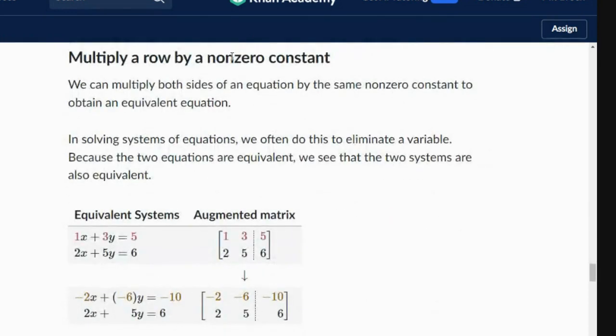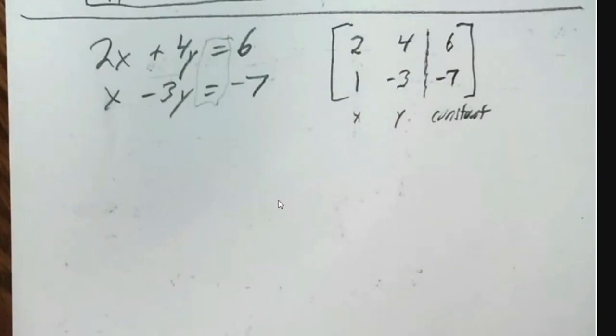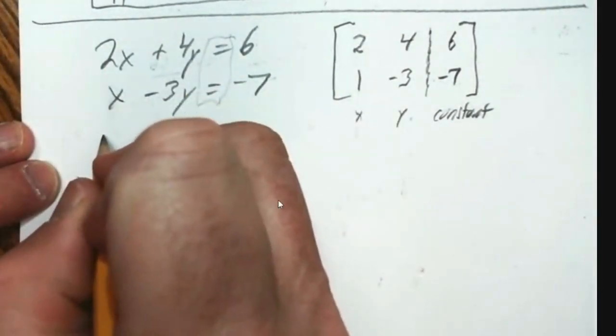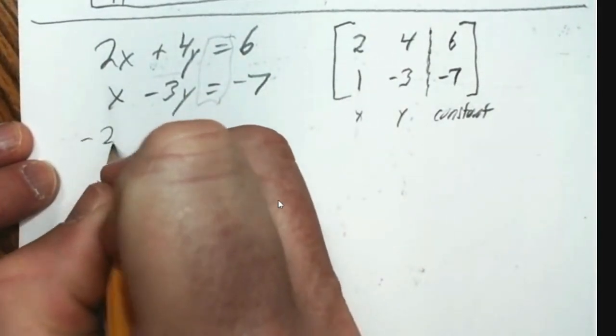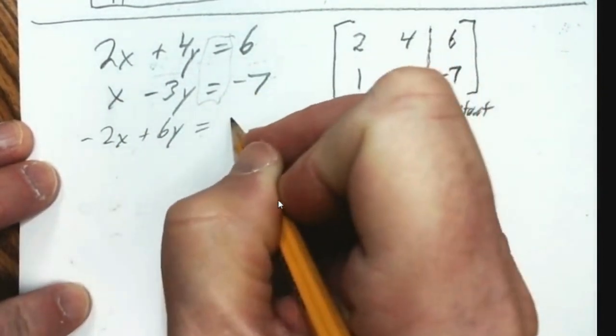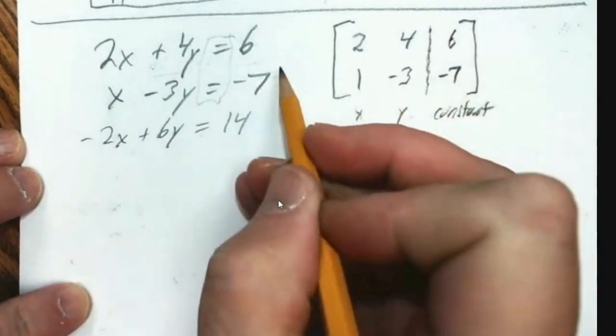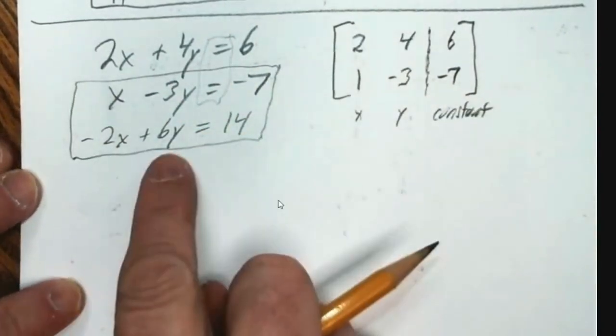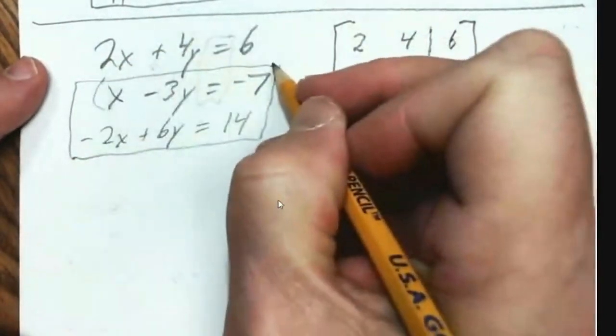Multiplying a row by a non-zero constant. So looking back at the one I have here, if we multiply this by -2, we get -2x plus 6y equals 14. These two equations are still equal to each other. I just took this one and multiplied it by -2.